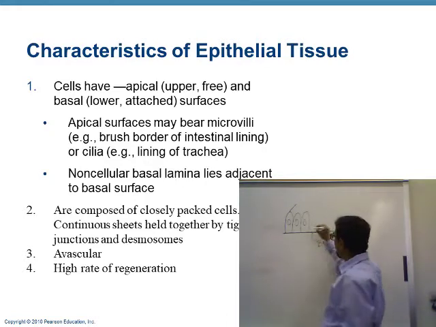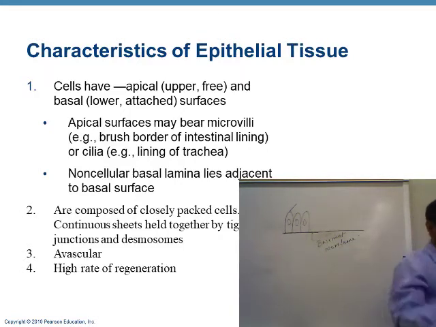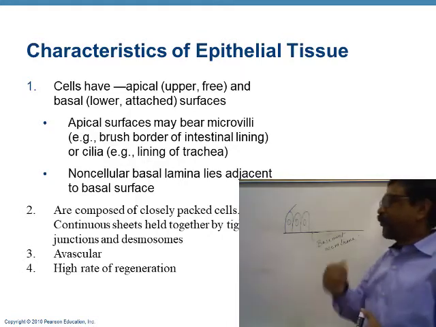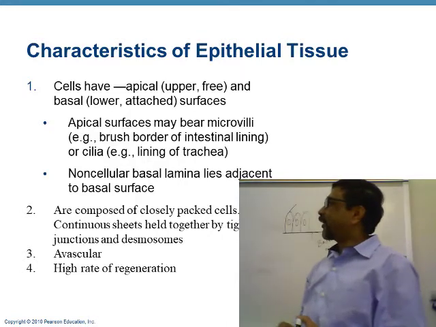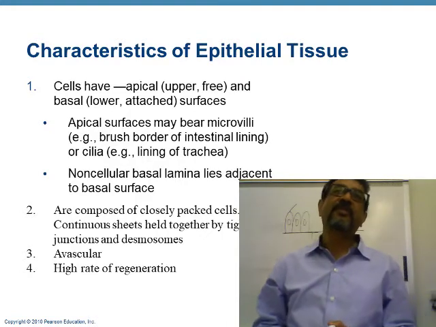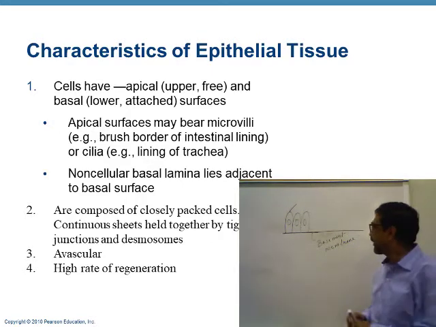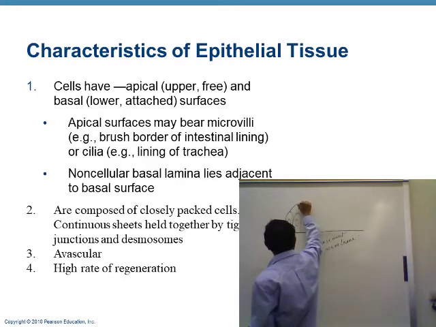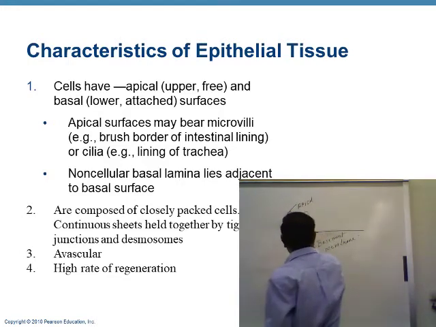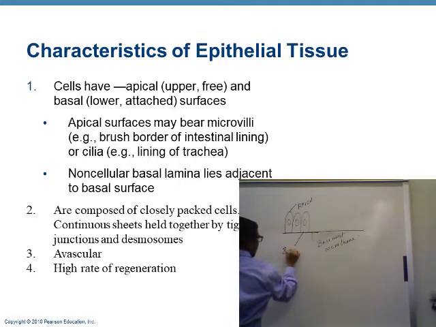So the lower end is attached on the basement membrane, which is called the basal surface, and the upper end is always free, and that is called the apical end. So this is the apical and this is the basal surface.